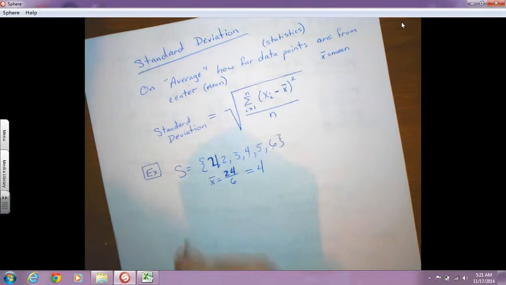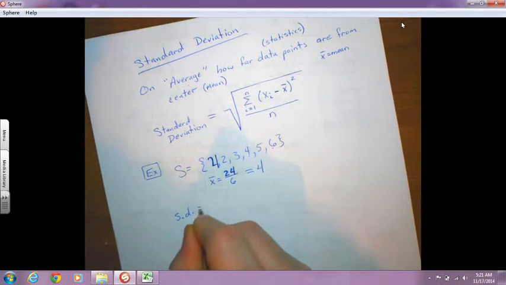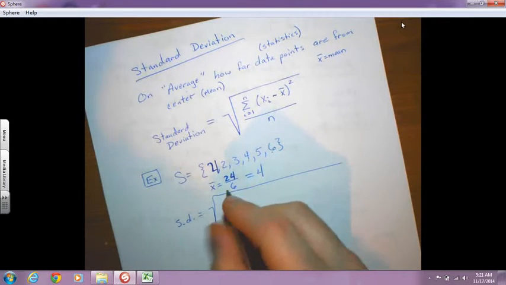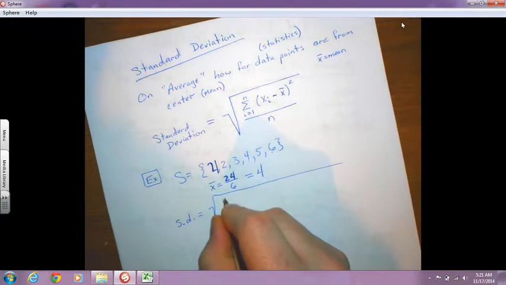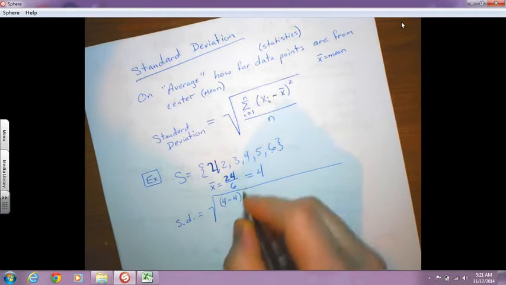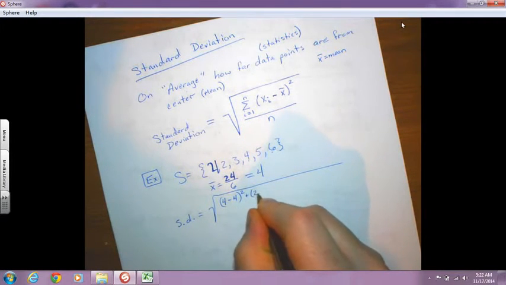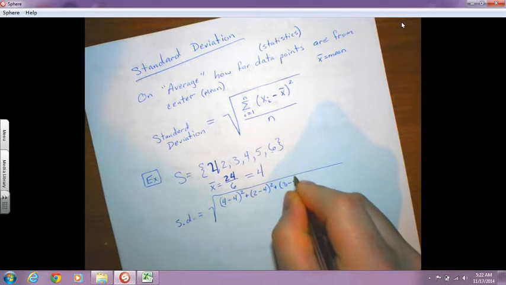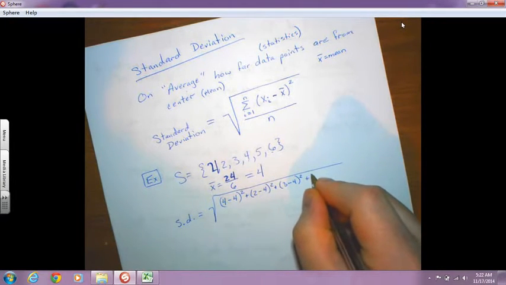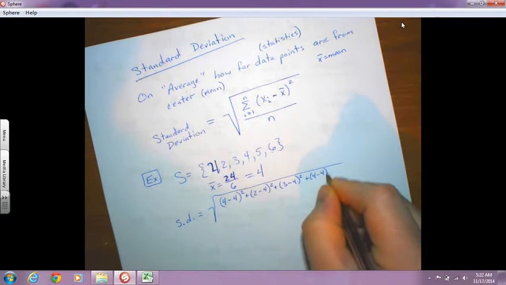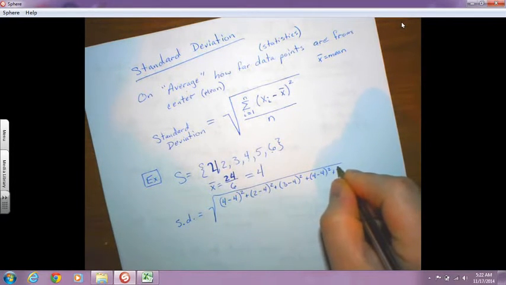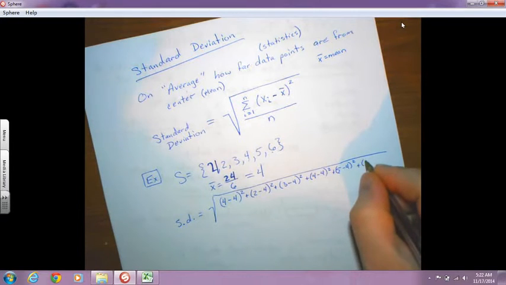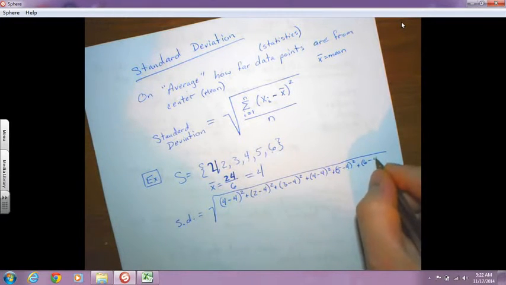Now to find that standard deviation, we have to take the square root, and breaking apart that sum, what we have there is we have the first value minus x bar squared, plus the second value minus x bar squared, plus the third value minus x bar squared, plus the fourth value minus x bar squared, plus the fifth value minus x bar squared, plus the sixth and the last value finally minus x bar squared.